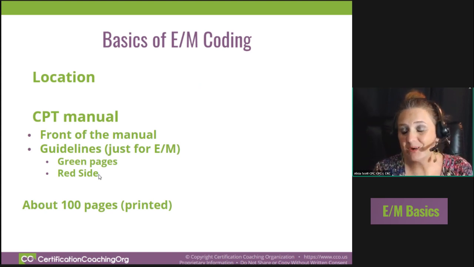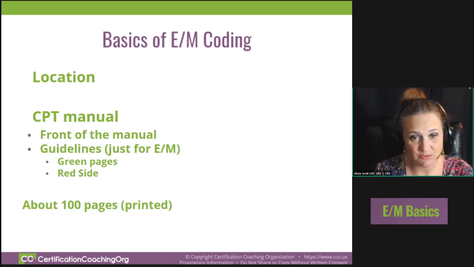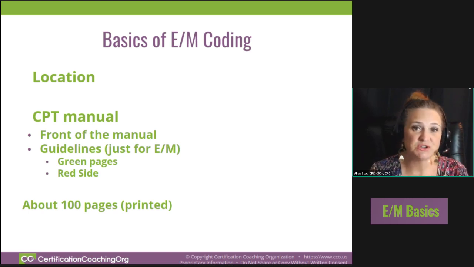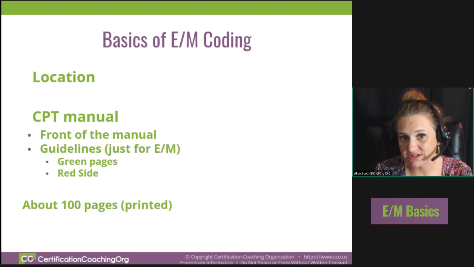Location. If by chance you have a CPT manual in front of you, go ahead and open it up. One of the things you'll notice about the E&M codes is that they are at the front of the manual. That's pretty telling in my opinion. Why would the E&M codes, which usually start with 99, not be numerically located at the end of the code set?